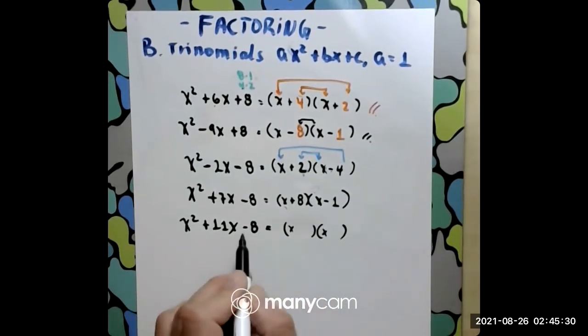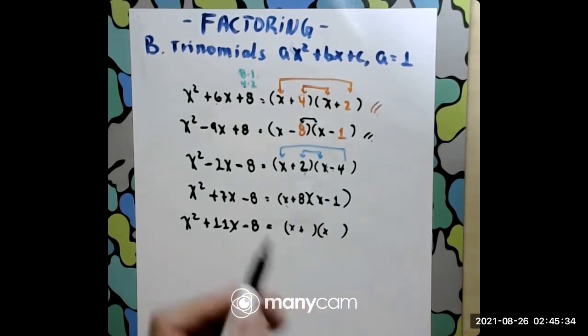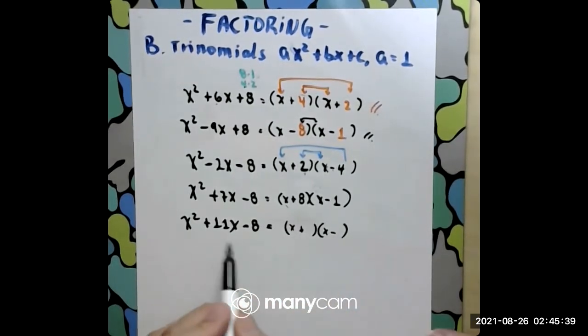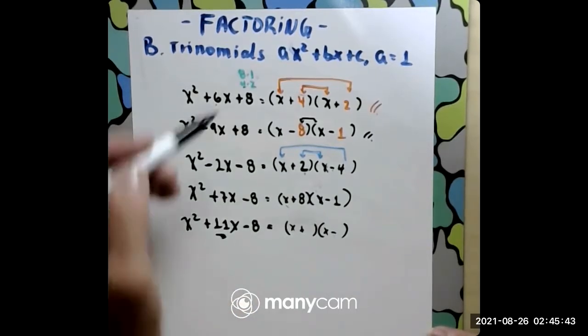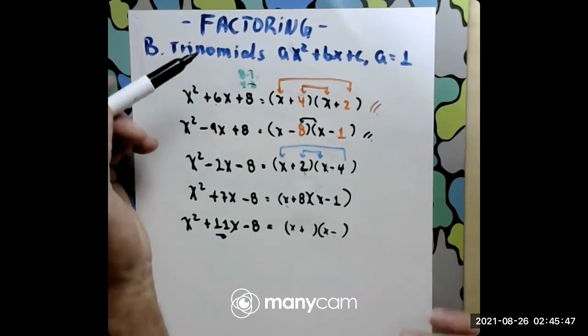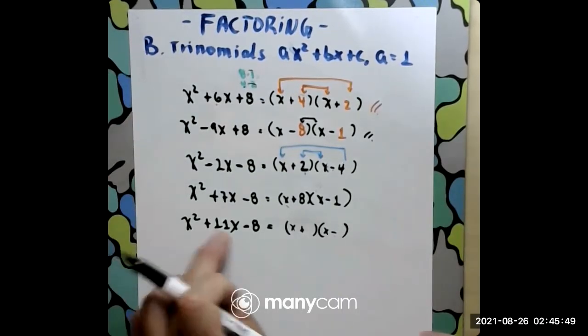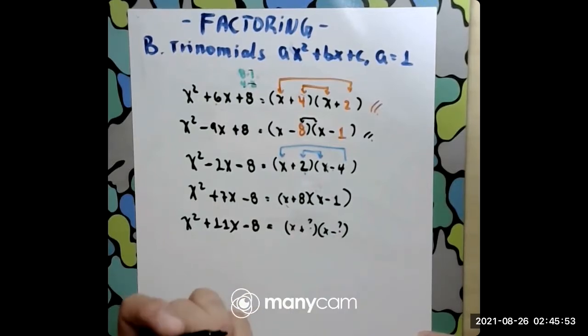Notice that this is minus, so the signs have to be different. The first one positive, the other one negative, or vice versa, it doesn't matter. Combination that gives me 11, good luck. 8 minus 1 will be 7, 4 minus 2 will be 2. My goal is to get to positive 11, so we don't have those numbers.